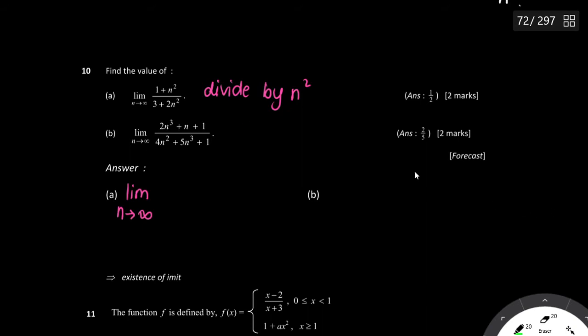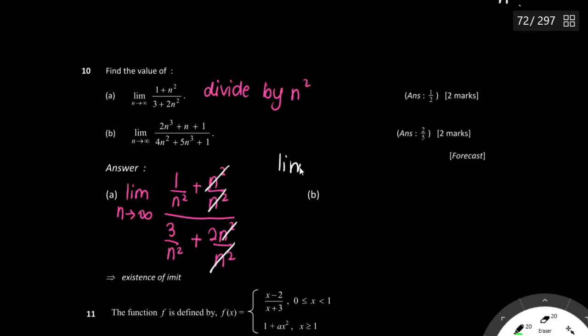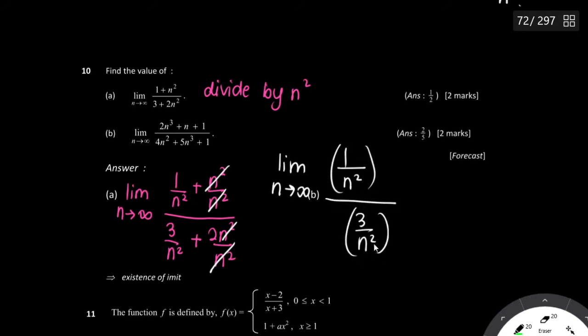So limit of n approaching infinity, you divide up and down by n square. Divide both up and down. So it will be 1 over n square plus n square over n square, divided by 3 over n square plus 2n square over n square. The moment you do this, which one can cut? We cut. Then when you write again, limit n approaching infinity, 1 over n square over 3 over n square.